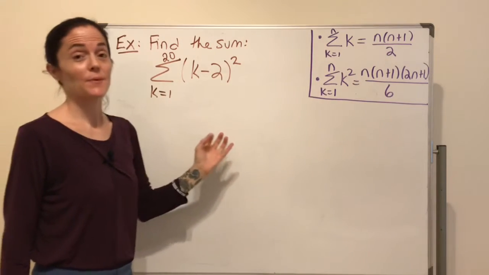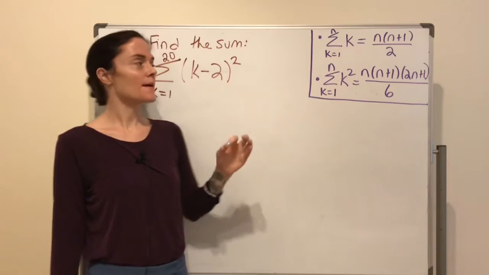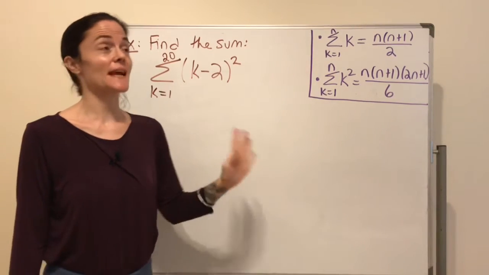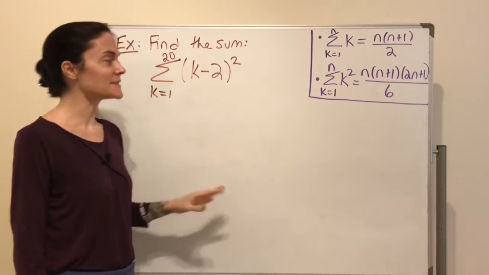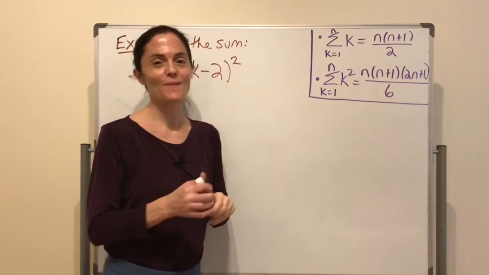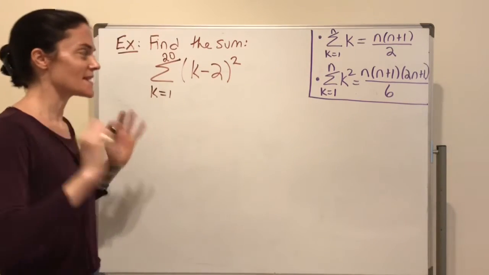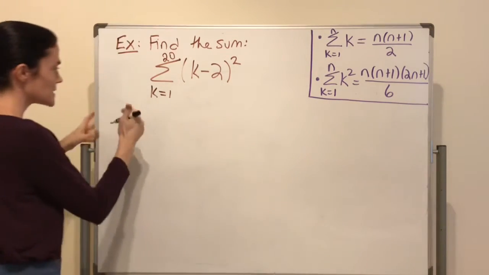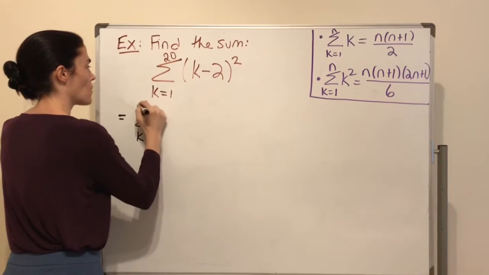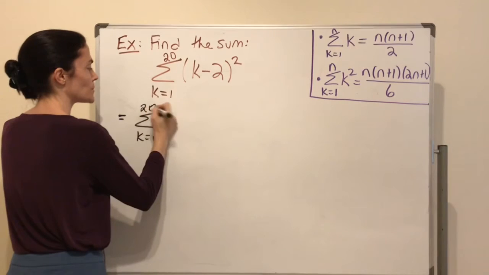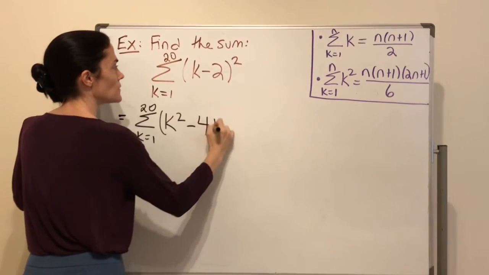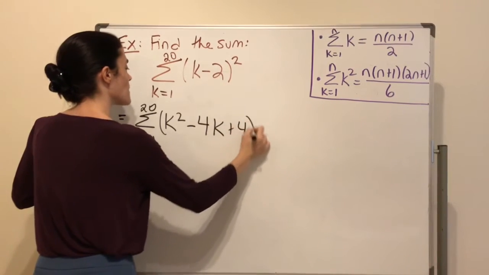Here is an example. We'd like to find the sum. Now, we see we have 20 terms, and I certainly don't want to write them all out. And so we will use, I listed 2 of the known sums that we just mentioned. So what can I do here? Well, the first thing I can do is multiply this out. This is k squared minus 4k plus 4.